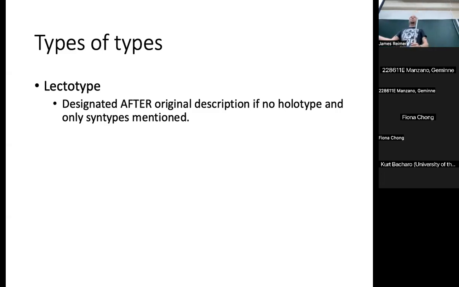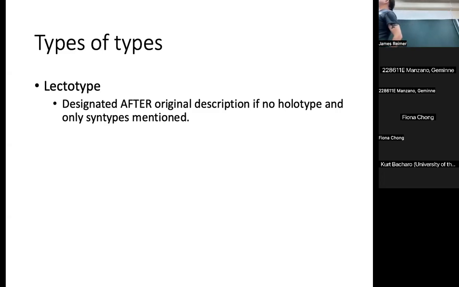If you find an old paper and there's like 20 specimens listed and no one's done any work since then, you can go to the museum, look at the specimens, and choose a new holotype because there was never any holotype before, but this is called a lectotype.